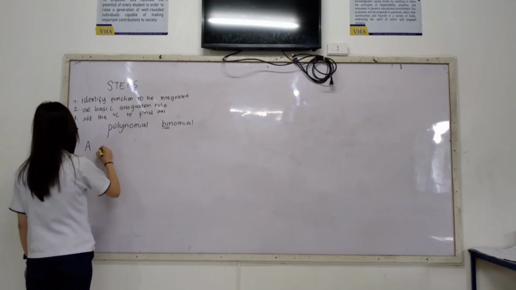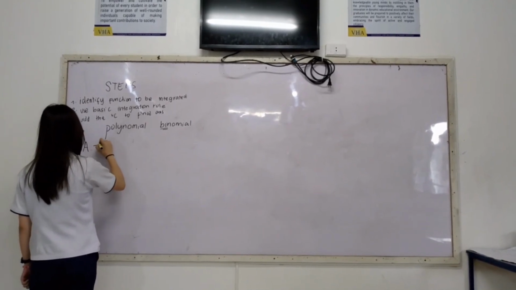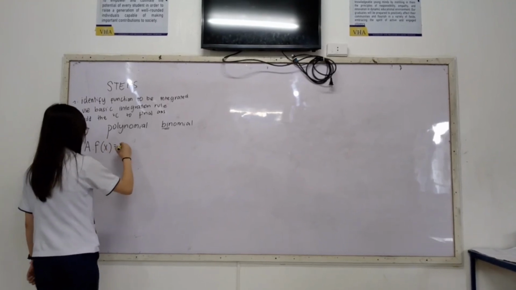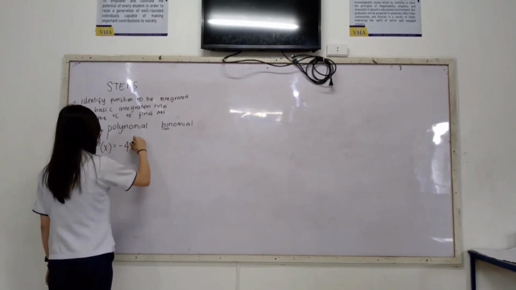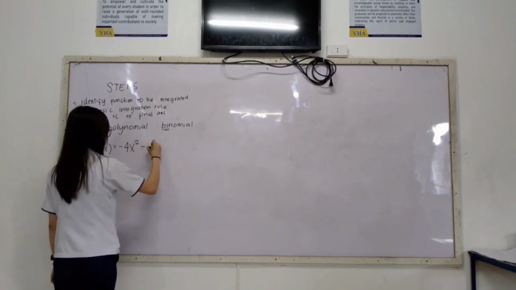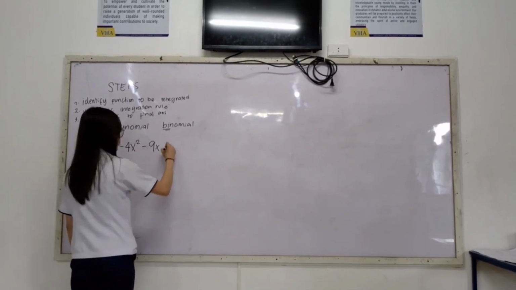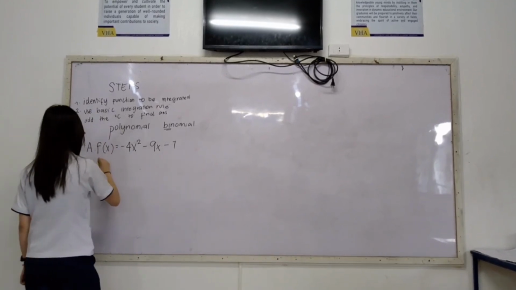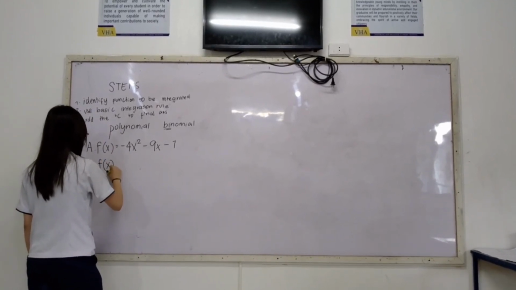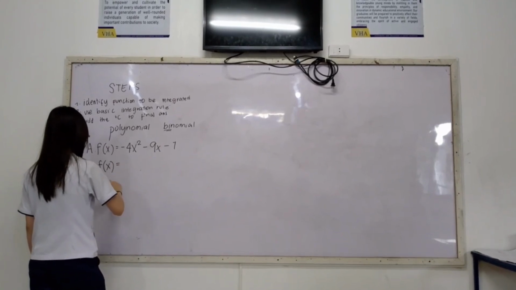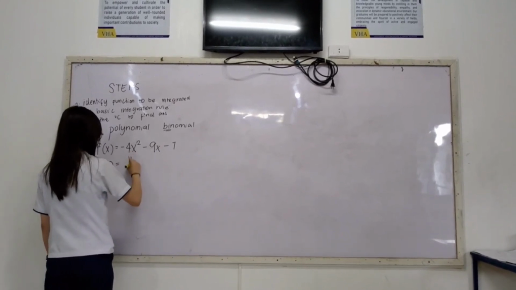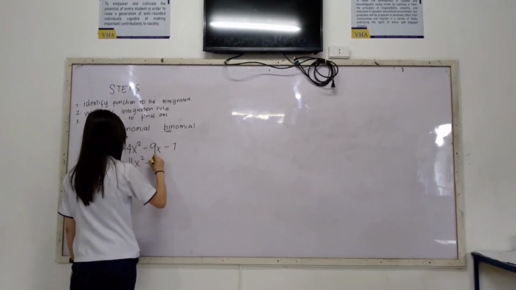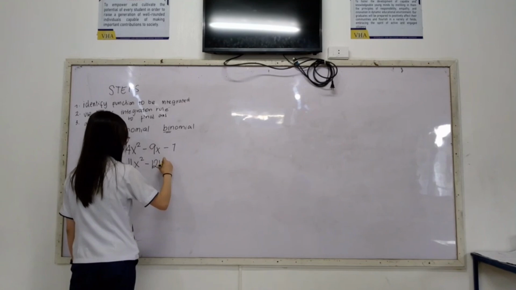Una, f of x equals negative 4x squared minus 9x minus 1. Then, x squared minus 1 by 1 x.